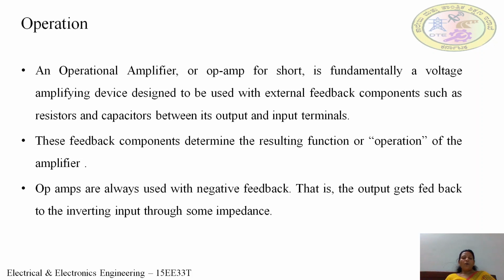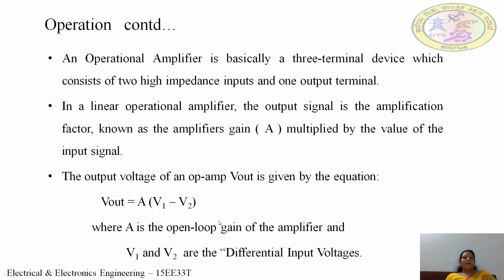As I said, op amps are most of the time operated with negative feedback. That is, the output gets fed back to the inverting input through some impedance. So in negative feedback, the output is fed back to the inverting input of the operational amplifier.